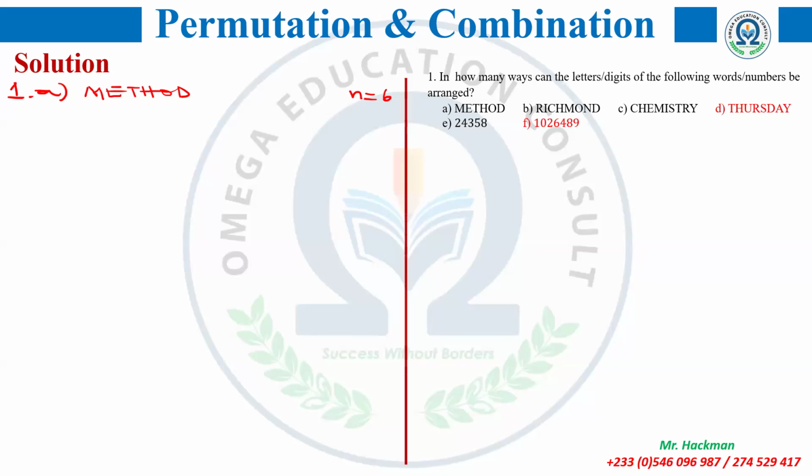Now we are looking at the keyword: arrange. So we are looking at permutation, so it will always be something permutation something. We know our n, but the r is not given. When the r is not stated, what does that imply?